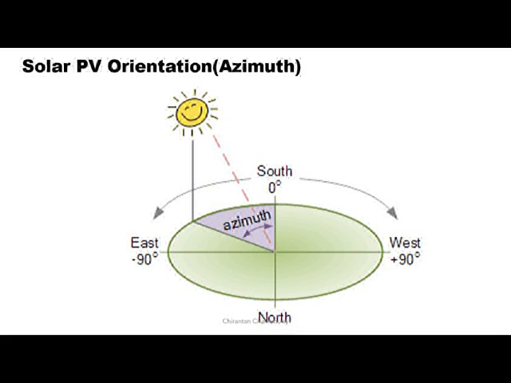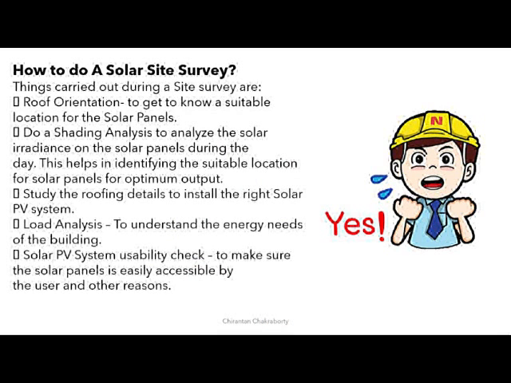Now, let us get into how to do a site survey. The things carried out during the site survey are: number 1, roof orientation to get to know a suitable location for the solar panel. Number 2, a shadow analysis of the solar irradiance on the solar panel during the day. It helps in the identification of the suitable location for the solar panel for optimum output.